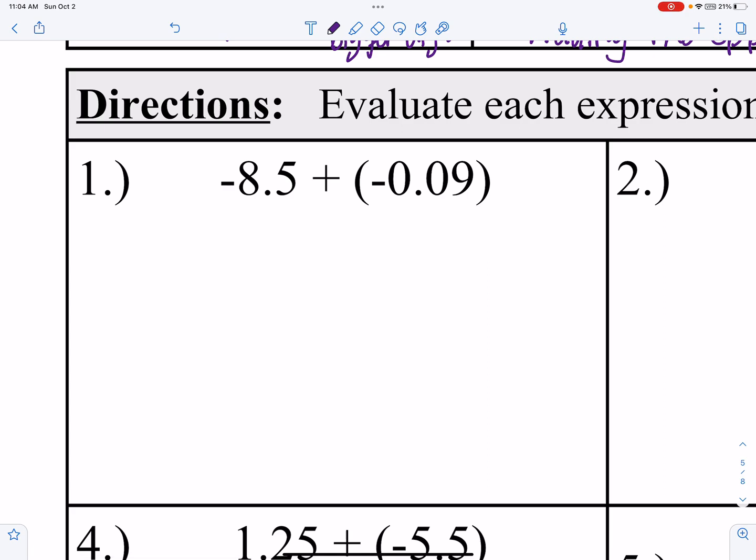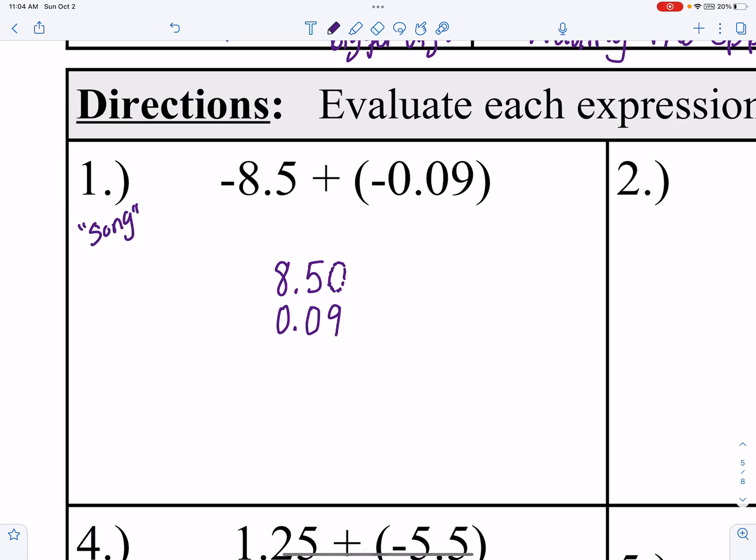So your first thing that I notice is I have decimals, so I'm going to set them up here and line them up. So 8.5, and notice I'm just reading the digits so I don't make a mistake, and 0.09. And then I'm going to go ahead and put my placeholder 0 so everything's lined up. Now we need to address the addition or subtraction. So we're adding integers, which is great because it just means that I'm going to be singing my song.